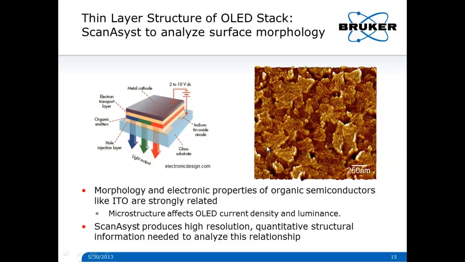The properties of the grain structure in the anode can affect electron transport, and also optical properties of the light that's transmitted through it. So having a good idea of what the structure of this surface is, is important. ScanAsyst produces high resolution and quantitative structural information needed to analyze the relationship.